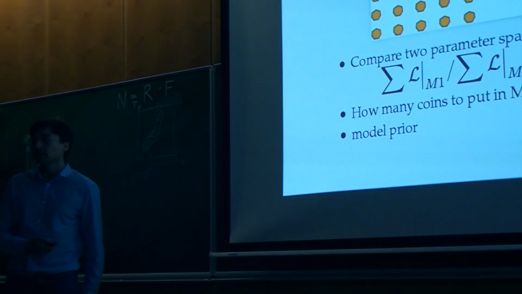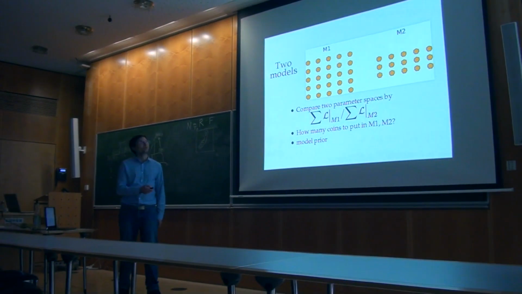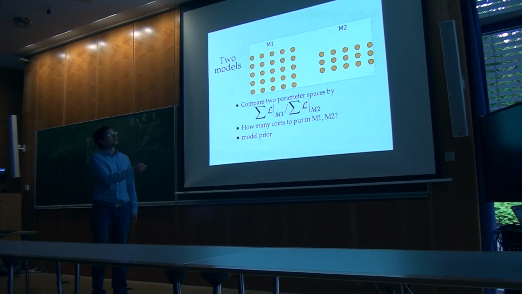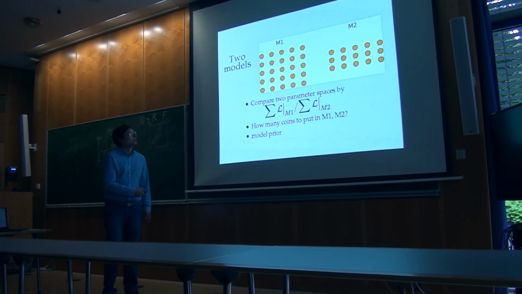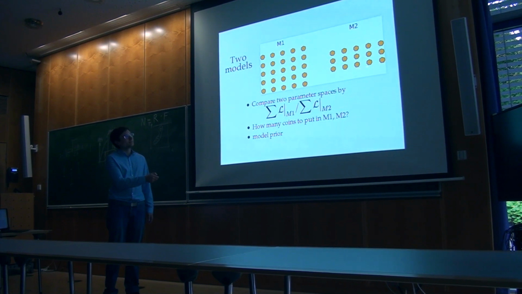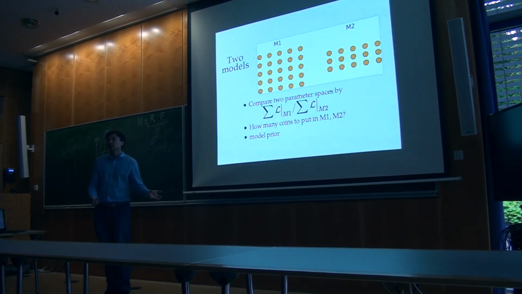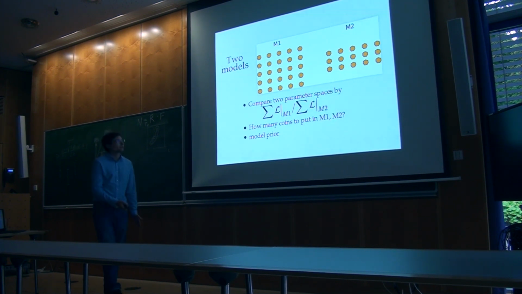Here is another way to compare models. Remember we were making these grids of parameter spaces and looking for the region which contains most of the probability. Now if you have a second model and you have its probabilities, why don't we just ask the question, is there more probability in this one than this one? And that's exactly what Bayesian model comparison does.